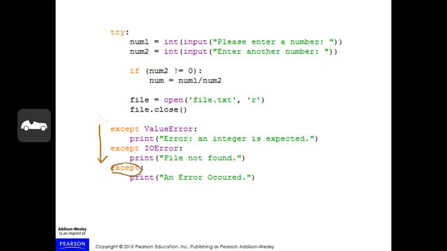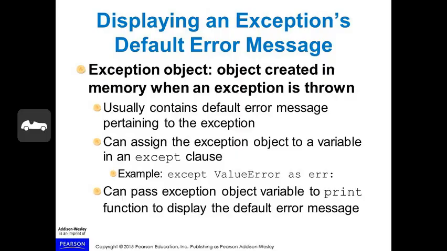Because when you go through all the excepts from top to bottom, you hit this except at the top and you will just execute that handler there and skip the rest of the code. So make sure you always put the general error handling code at the end of the exception list.